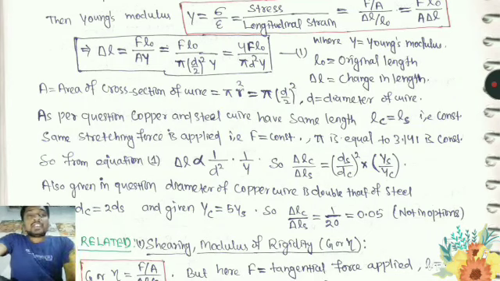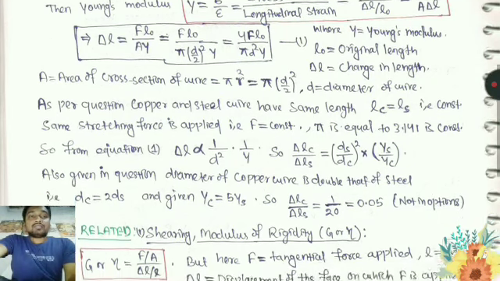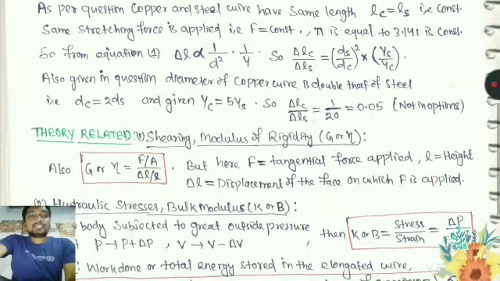So delta L from equation 1 is inversely proportional to d square and Young's modulus Y. So delta L_C, the change in length in copper, with respect to the change in length in steel, you can calculate by this formula. Putting all this we get 0.05, which is in the option. It was marked with a star.